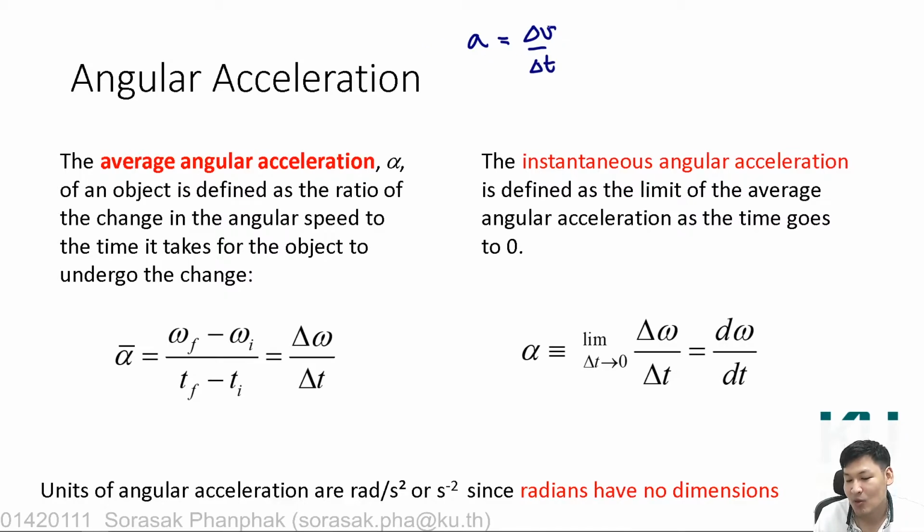This is the way that you average from the initial point to the final, so this is your average a. However, if you would like to determine instantaneous accelerations, in different positions, you just use the differentiation dv by dt. So this is for linear acceleration.